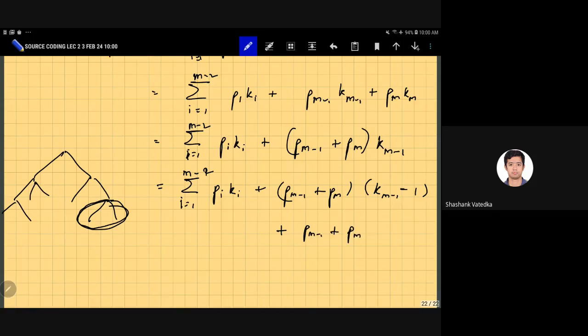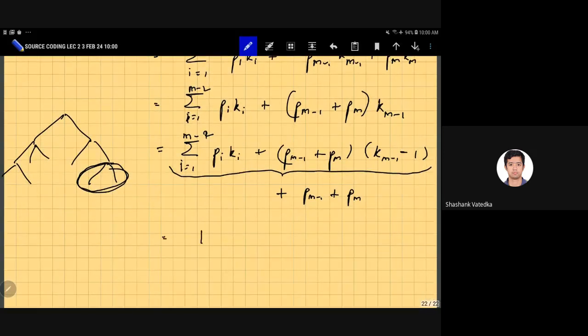So if I merge the two symbols with the least probability, then I get another code, which has an expected length equal to this. And this is precisely the expected length of the Huffman code on m minus 1 symbols. That is how you construct the Huffman code: you first merge the two least likely symbols and then construct the Huffman code for the resulting probability distribution on m minus 1 symbols. So this is LH of P prime plus P m minus 1 plus P m.